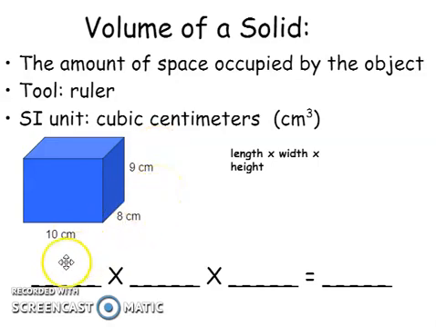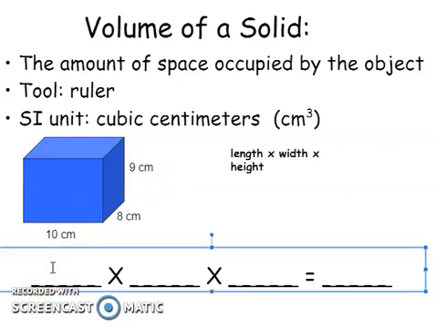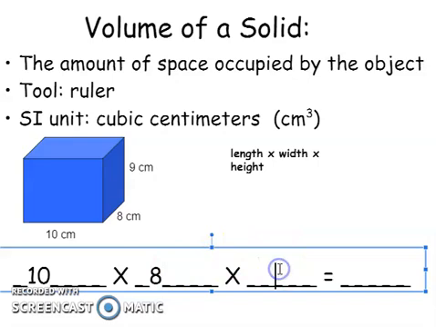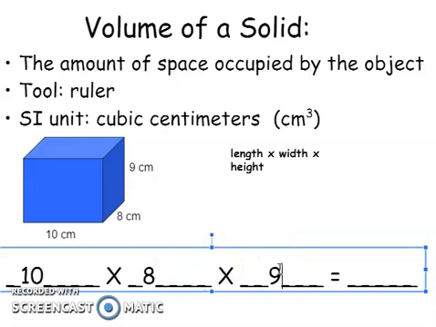That would be 10 times 8 times 9. Length times width times height. So again, the length is 10. The width is 8. The height is 9. All right, when we do 10 times 8, that gives us 80. 80 times 9 is what? 720, I believe.